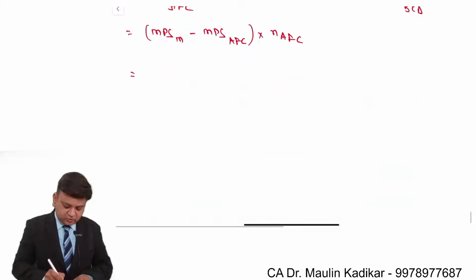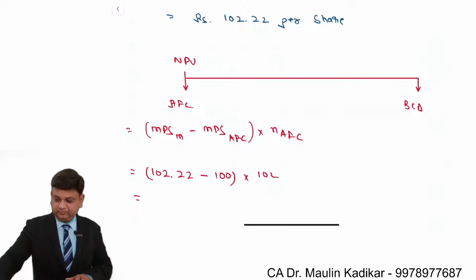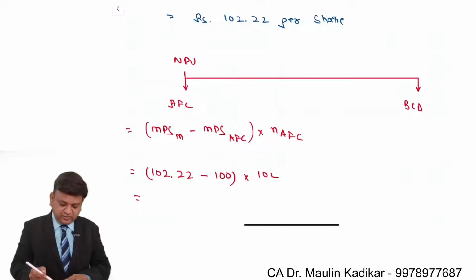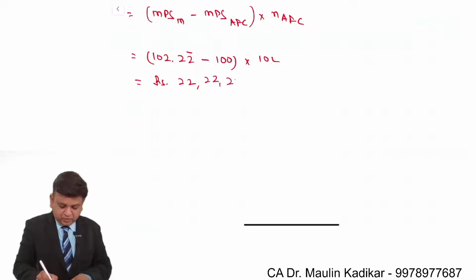So it is 102.22 minus 100 into number of shares of AFC, which is 10 lakhs. That is 22 lakh 22,000. I'm taking it like this. 222.